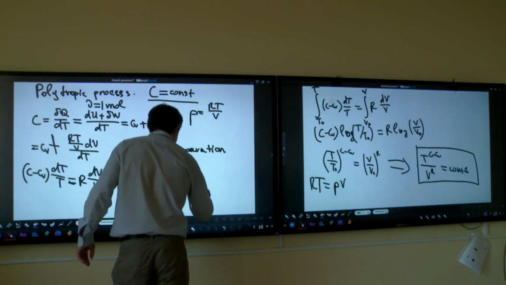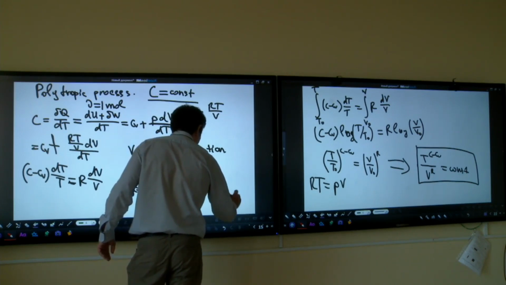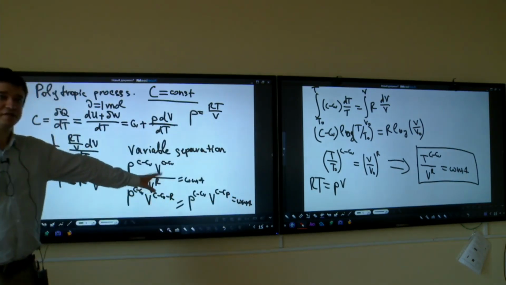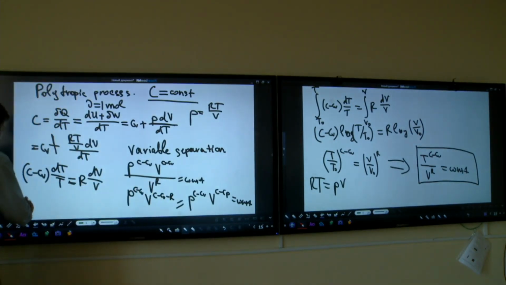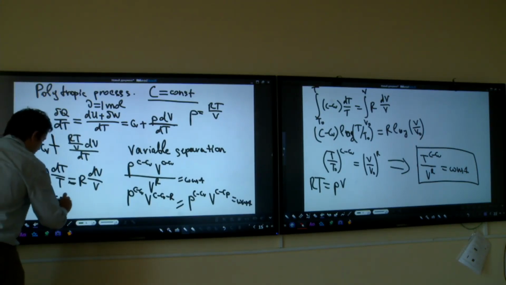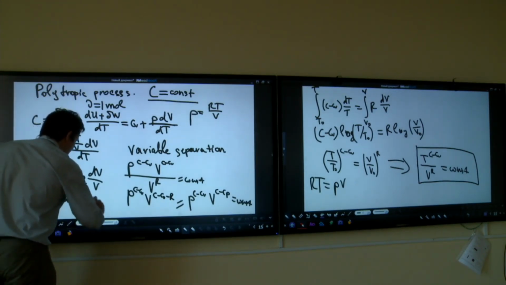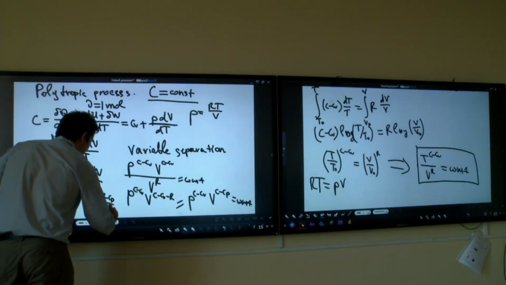P to the C minus CV times V to the C minus CP is constant. Often this equation is presented in the following way: P times V to the n equals constant, where n is the polytropic exponent, which is given by C minus Cp over C minus Cv.